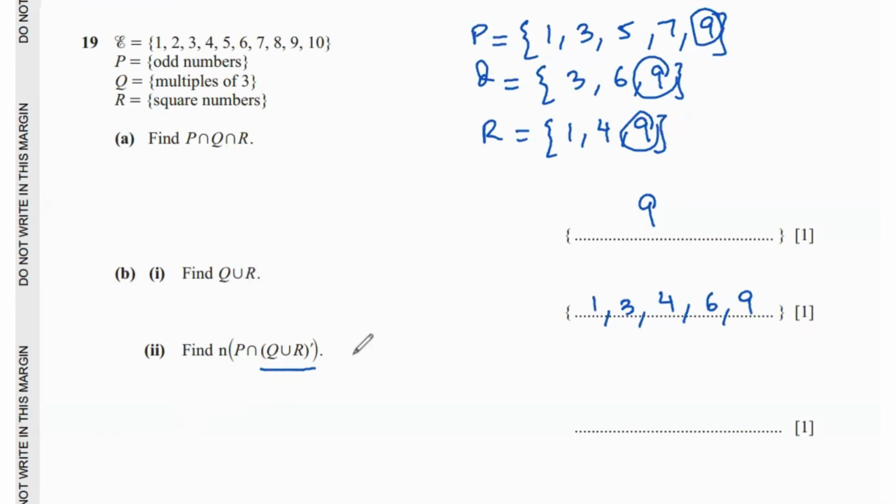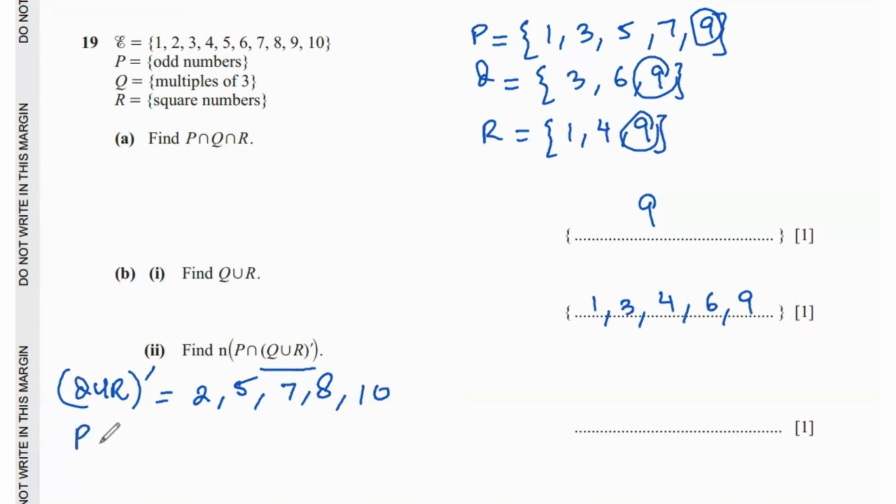Q union R complement means all those elements that are not a part of Q union R. So that's going to be 2, 5, 7, 8, and 10.